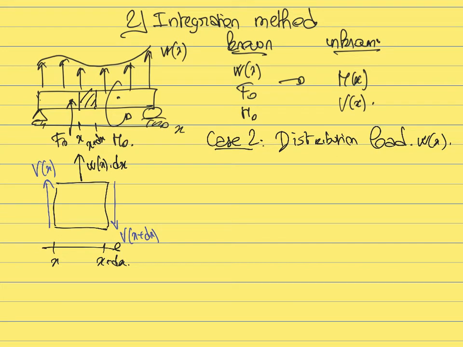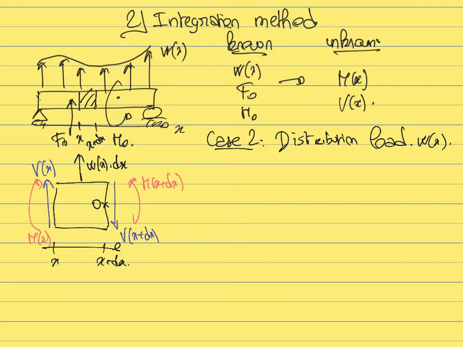We do the same for the internal moment. The internal moment is always positive when it makes the beam smile. That's the internal moment at x plus dx, and that is the internal moment at x.